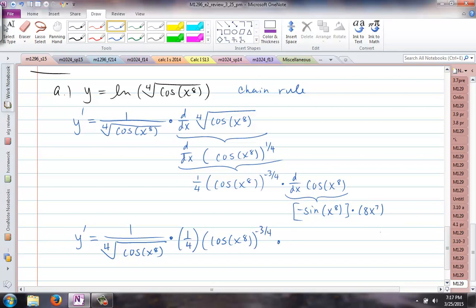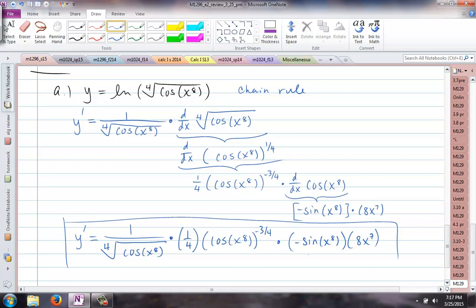Then that was multiplied by negative sine of x to the 8th, and then we also have to multiply by 8 times x to the 7th. So sometimes people get confused on how this is all put together. It's just a chain of things being multiplied overall. It's just a bunch of stuff being multiplied all together. It's not like they're getting embedded in each other or something like that. So that's the result. Questions?